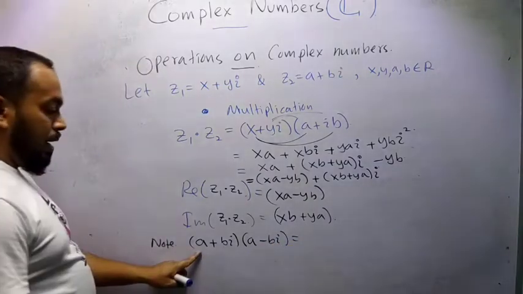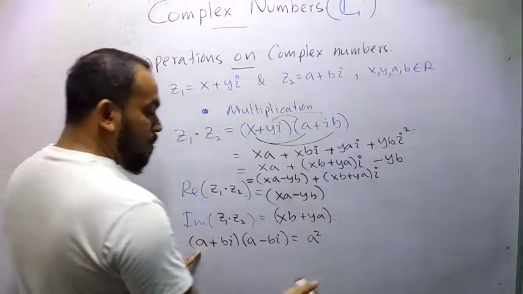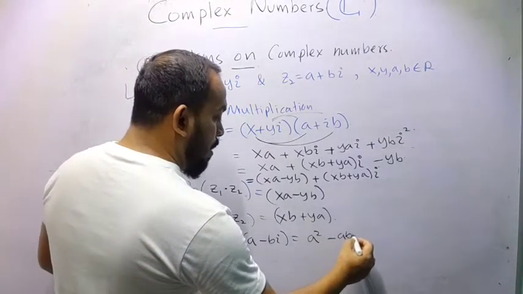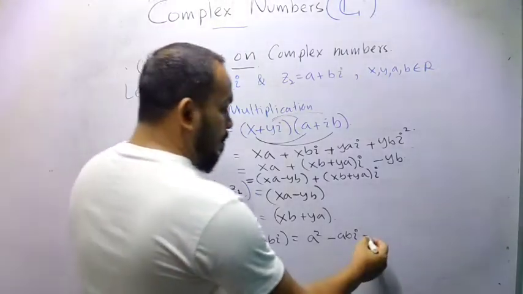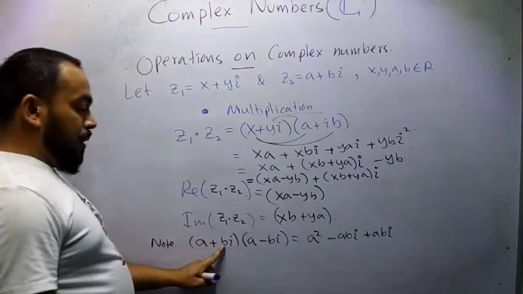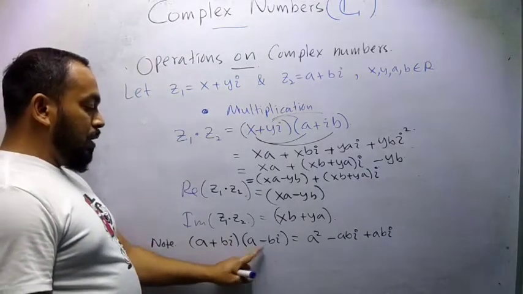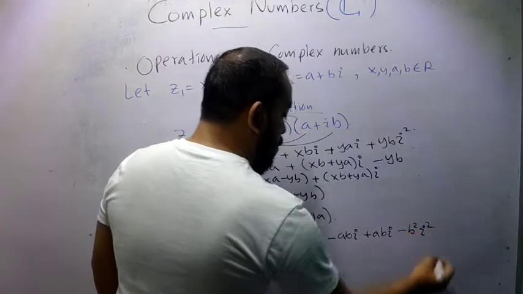What do you get? a into a is a squared. a into minus bi, minus abi. bi into a, plus abi. bi into minus bi is minus b squared i squared.